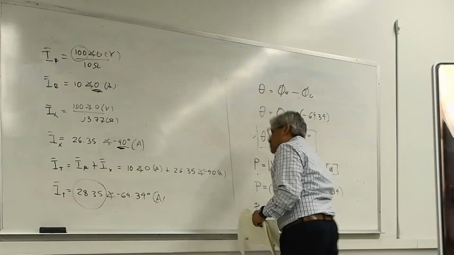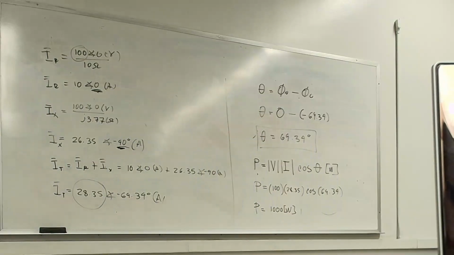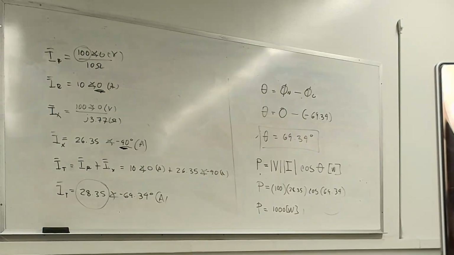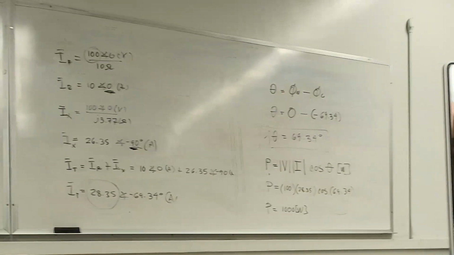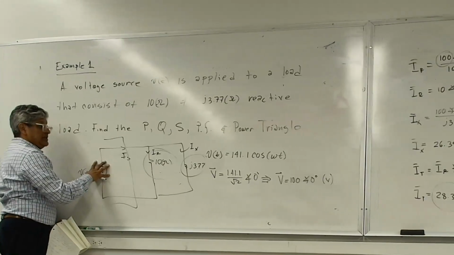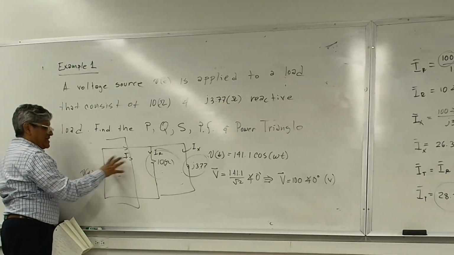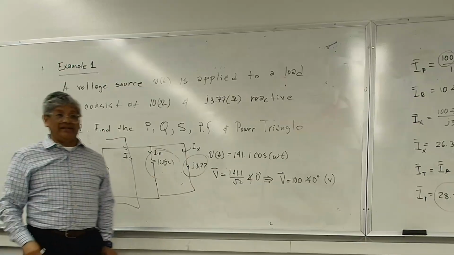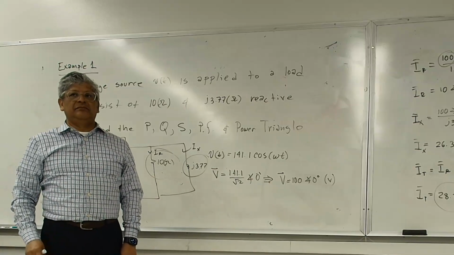So with 100 volts magnitude feeding a resistor of 10 ohms, I'm consuming about 1,000 watts, okay?